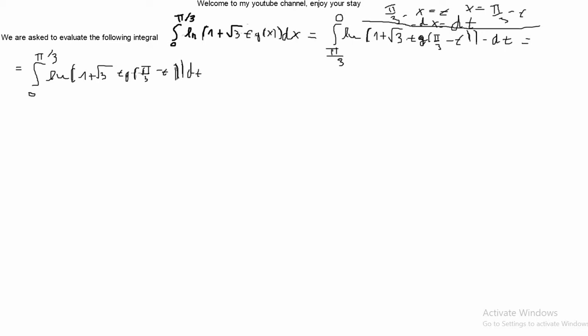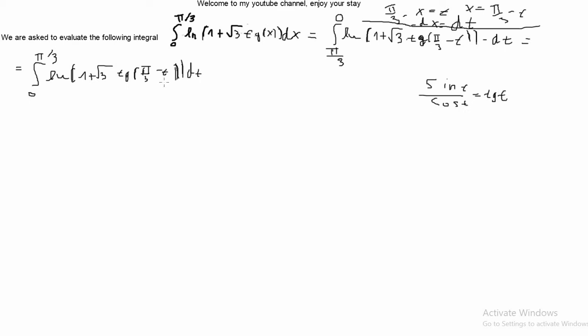And you're wondering what is this? Okay, I don't know, let's evaluate it. So what's tangent? It's sine over cosine, right? For example, tangent of t.